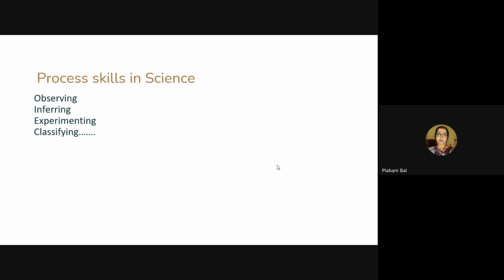So for observation, you have to stimulate your learners. You have to stimulate them to observe. So many things are there in your surroundings, but you are also not observing. Similarly, you also learn to observe, and stimulate your learners to observe, so that the observation skill will be developed gradually. Process skills cannot come at once.